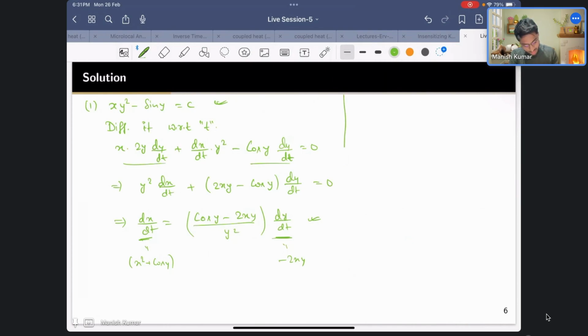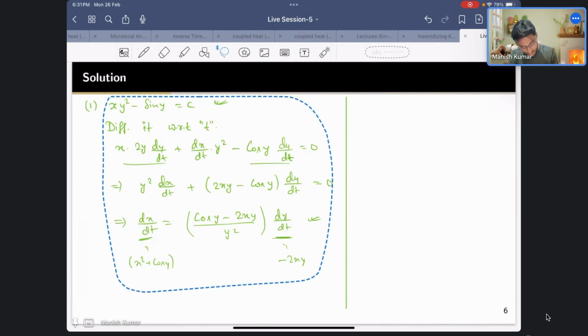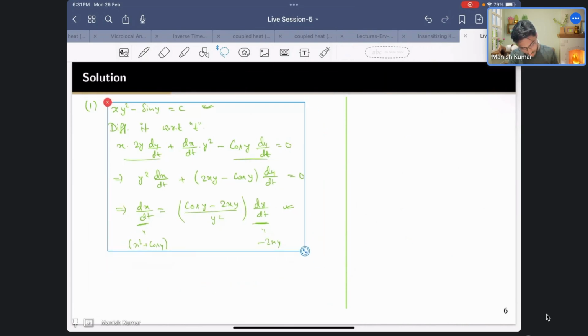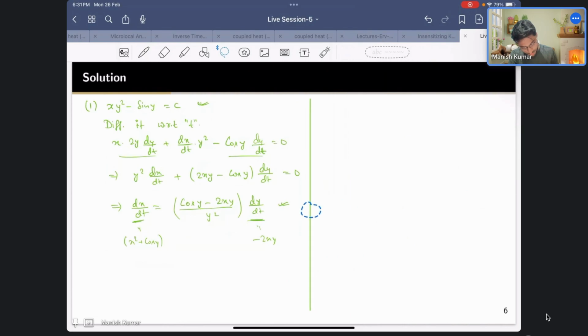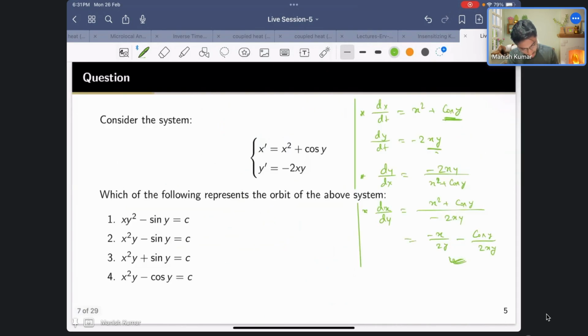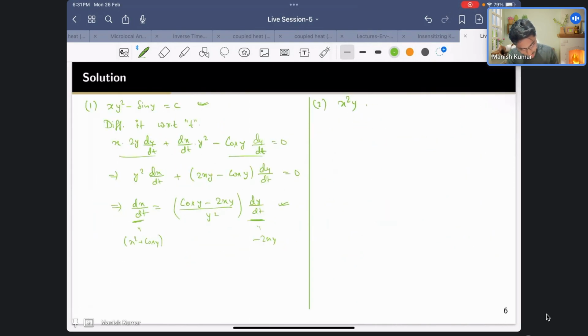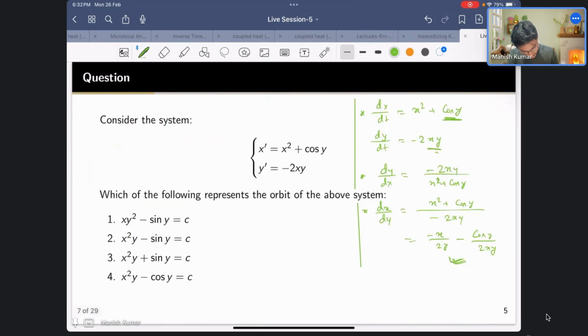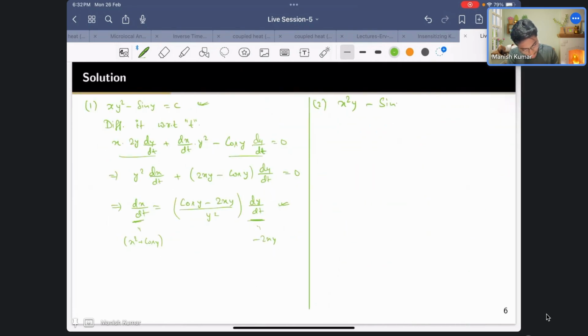So now let us try the second option. The second option is x square y minus sin y equal to c.